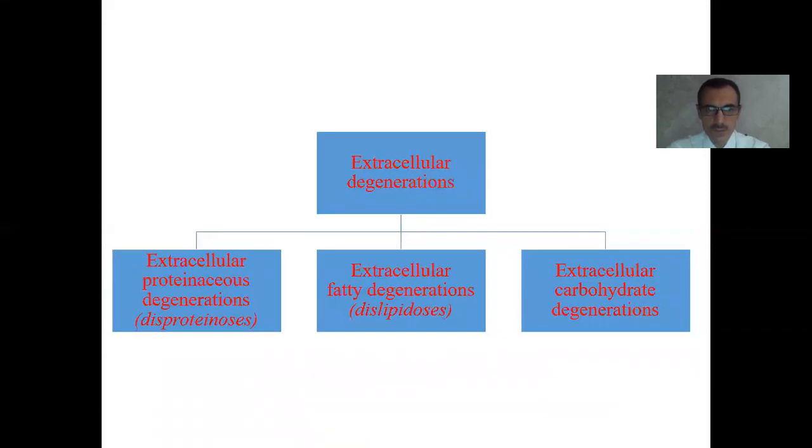Extracellular degenerations are also classified into three groups: the extracellular proteinaceous degenerations or dysproteinosis, extracellular fatty degenerations, dyslipidosis, and extracellular carbohydrate degenerations.